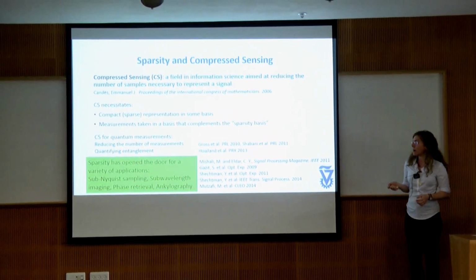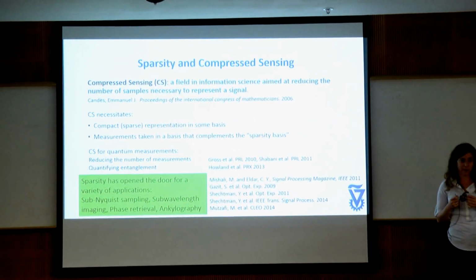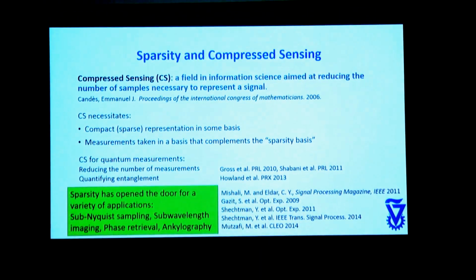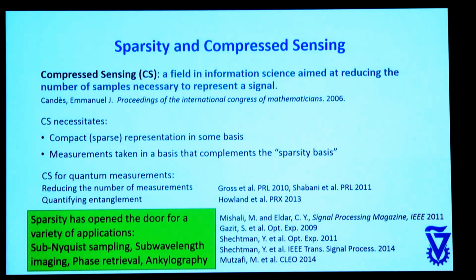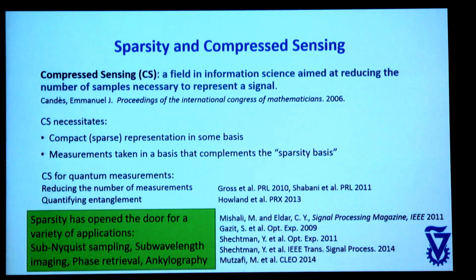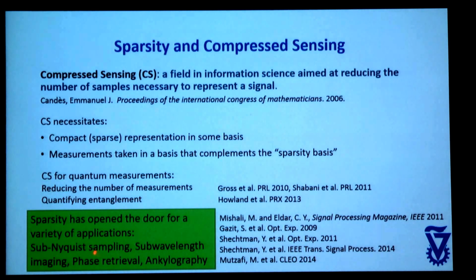And second of all, quantifying entanglement, which is a very important resource in quantum information. This was done right here. However, sparsity itself has opened the door for a variety of applications. You've heard about some. For example, sub-Nyquist sampling, sub-wavelength imaging, phase retrieval, ankylography, and many, many more.